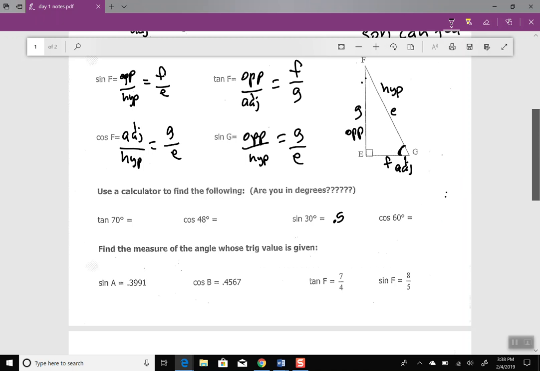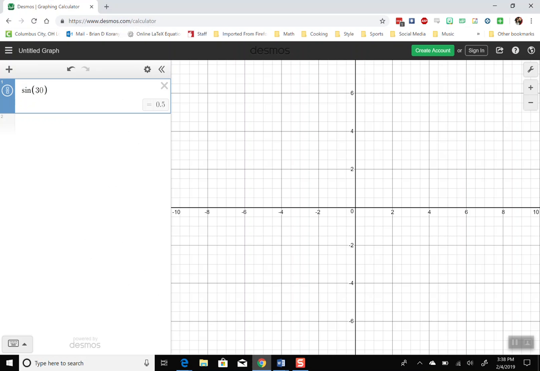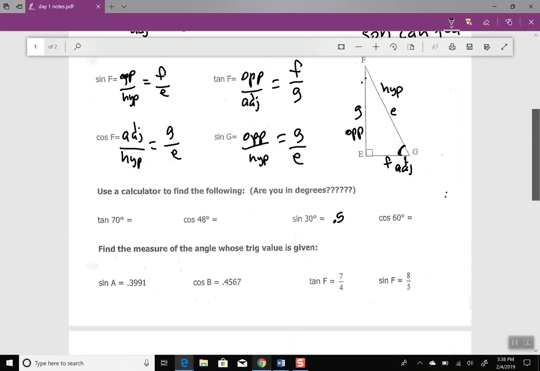Cosine of 60 degrees, so I'm going to go back to Desmos, type in cosine of 60, and I get 0.5 as well. And again, what this is symbolically asking is, if you had a unit circle, so 1, -1, 1, -1, and 60 degrees.